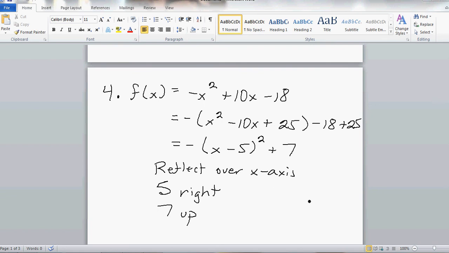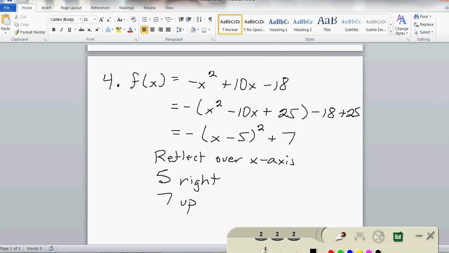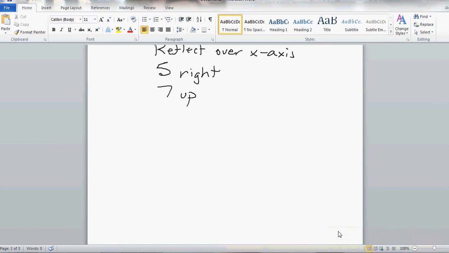We know our parent function is x squared. So what we need to do is just graph the parts. Making my original points here. Reflect, go 5 right and 7 up.